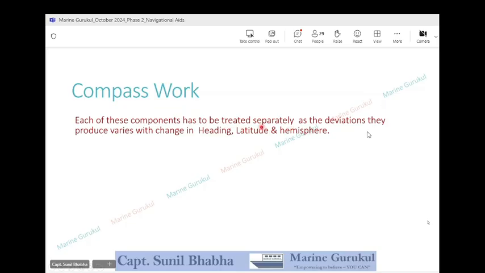They need to be treated separately as the deviations which they generate vary with change in heading, change in latitude, and change in hemisphere. When the heading of the ship changes, it is possible that out of these 6, some of the components may be changing, whereas some may remain fixed or constant.